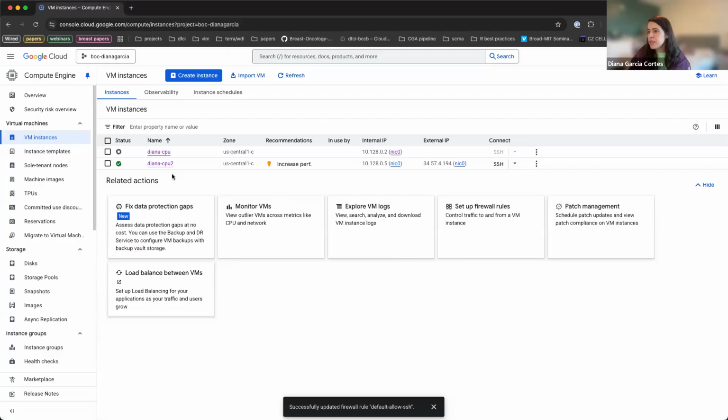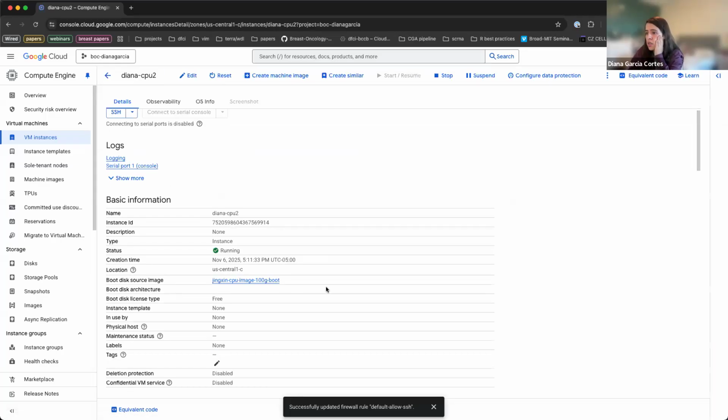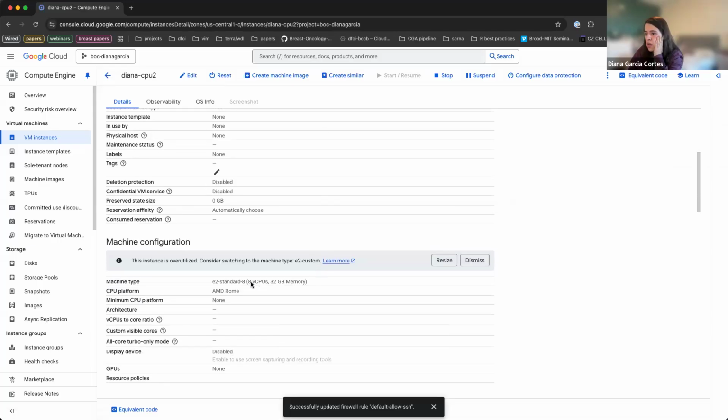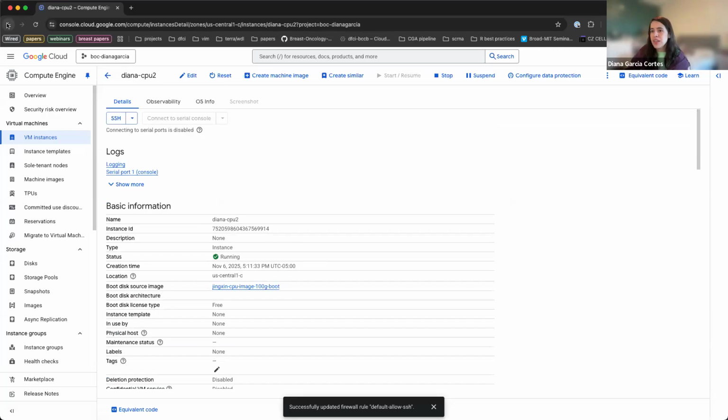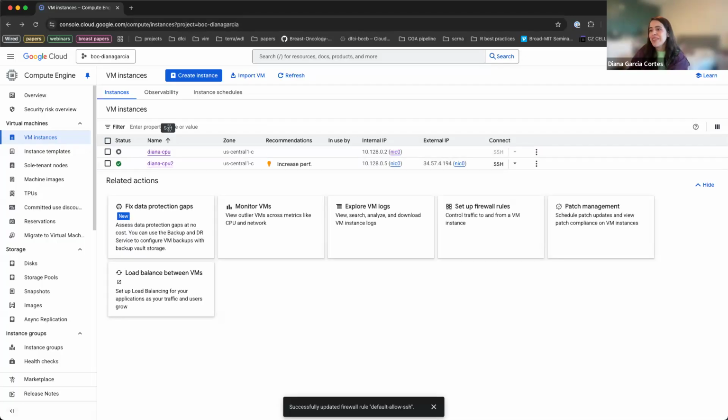So I have these two virtual machines in Google Cloud that I'm using. This one has 8 virtual CPUs and 32 gigabytes of memory, nothing big because they're expensive, and my work is paying for these instances.